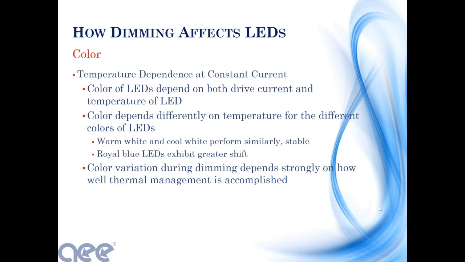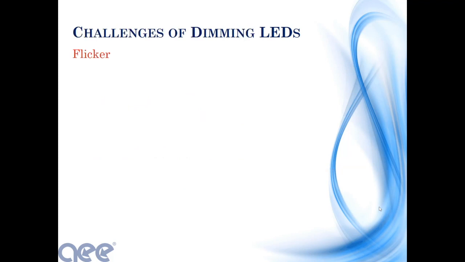But just know that when you dim, there's a lot going on in that circuit. You've got a driver that is being talked to by some type of controller telling it what to do in order to dim it. You can affect color because if you're not managing the temperature properly with whatever protocol you're using, you have that potential for variation.